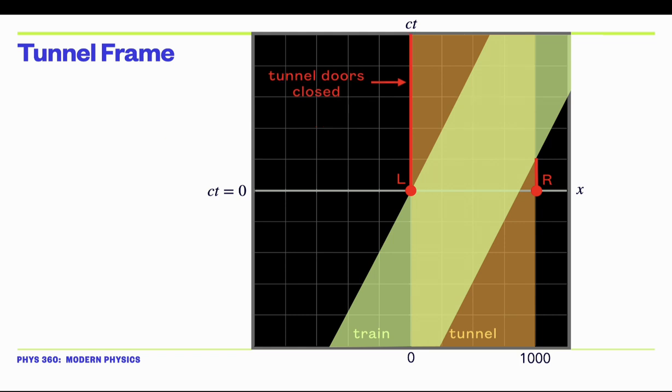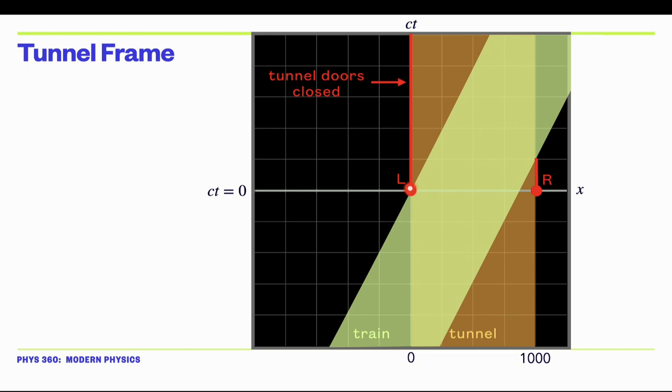In this diagram, remember, the shaded green represents the position of the train, the brown represents the tunnel, and our two space-time events, L and R, represent where the left tunnel door and the right tunnel door close to trap the train.